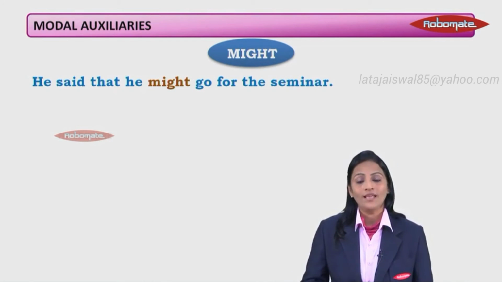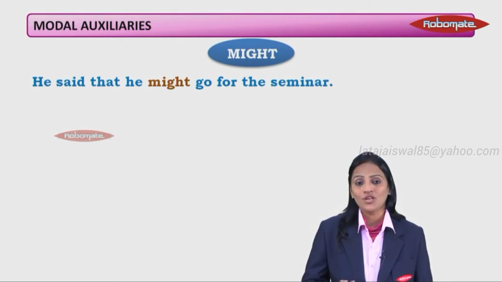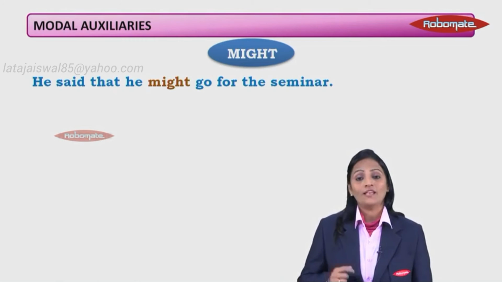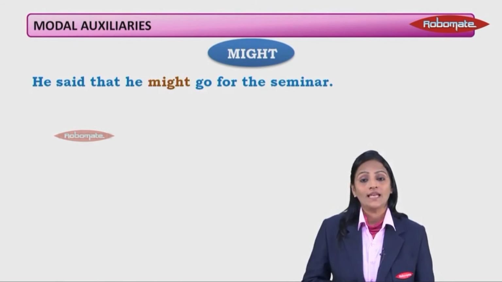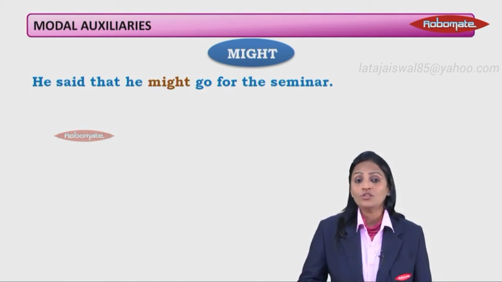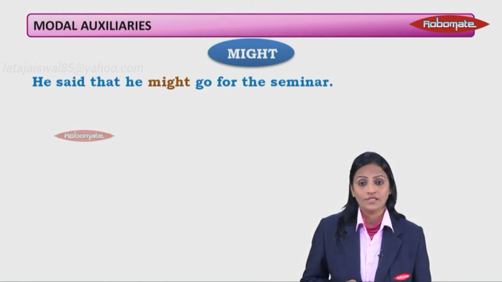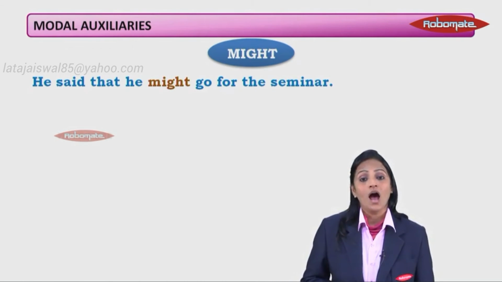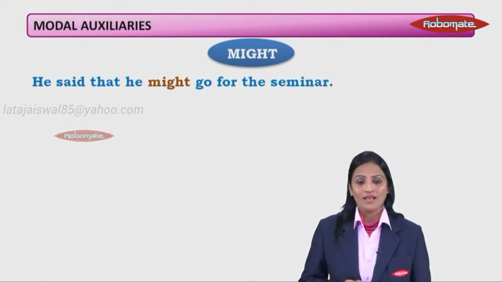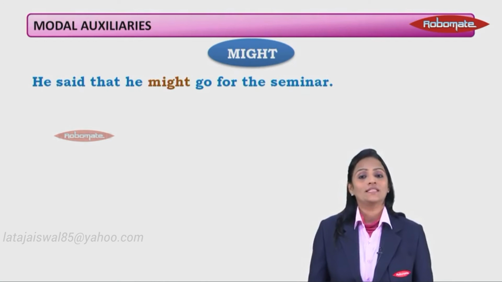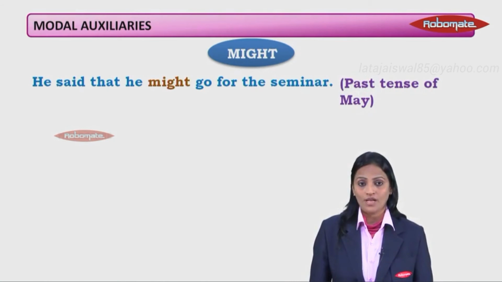So surely here the might is changed from may. He said that he might go. The original sentence would be he said, comma, then open inverted commas, and it would be I may go for the seminar. The same thing when you change it into indirect speech, it becomes he said that he might go for the seminar. So it is the past tense of may.